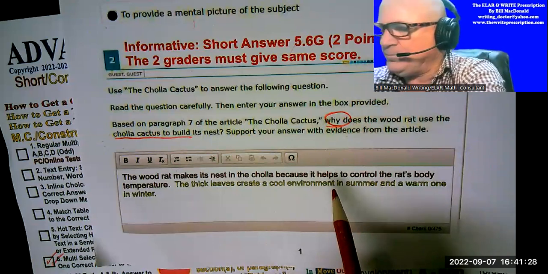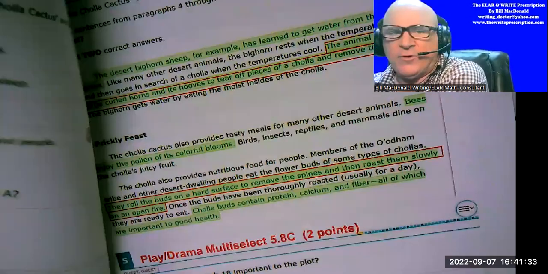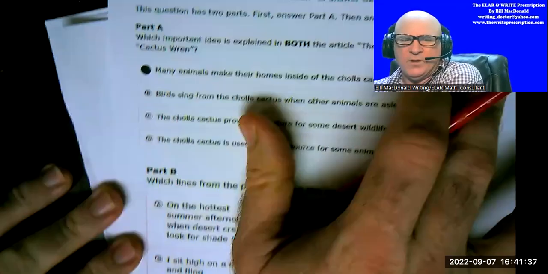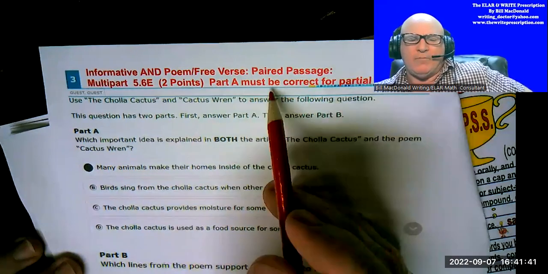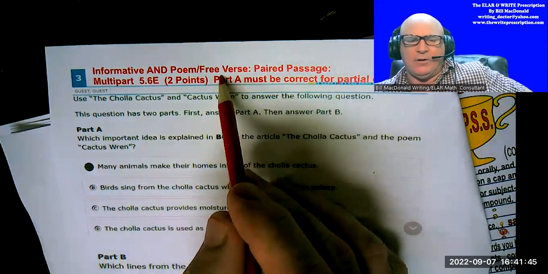Number 3, informative and it was a poem with free verse. In other words, there was no rhyme, there was no rhythm, there was no pattern. It was just free flowing writing.